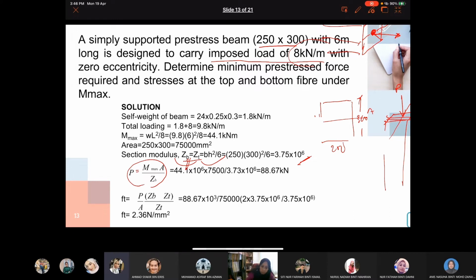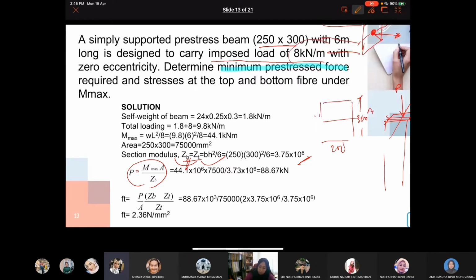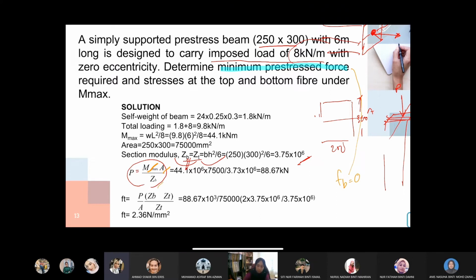What you want to determine here is the minimum pre-stress force, so you consider the tension stress, the bottom stress, equal to 0. You put in your maximum moment and area and divide by ZB, and you will get the value of 88.67 for your pre-stress force.